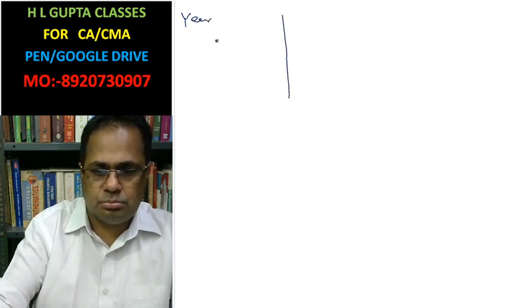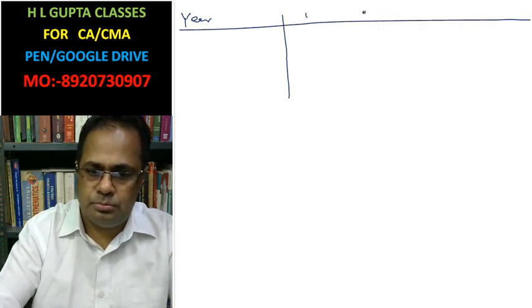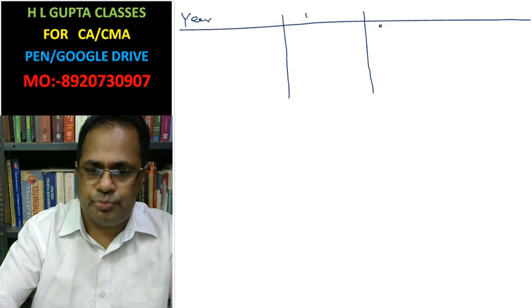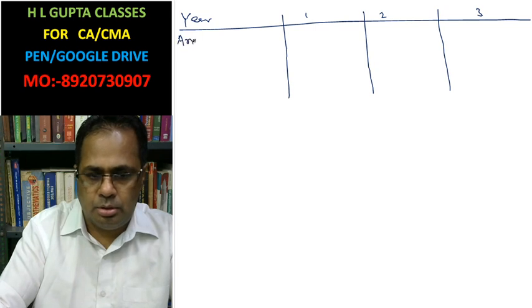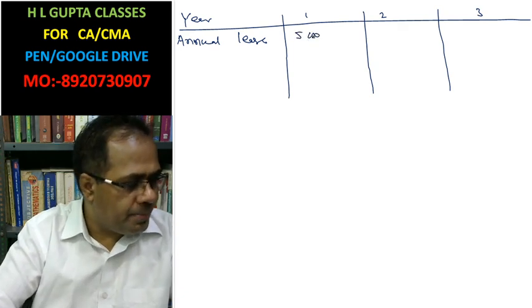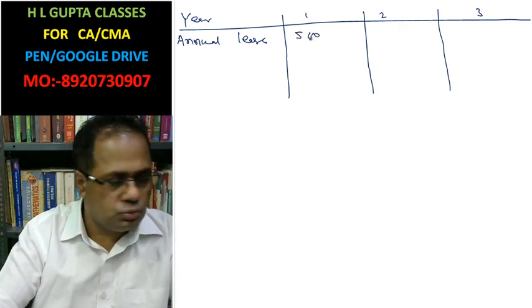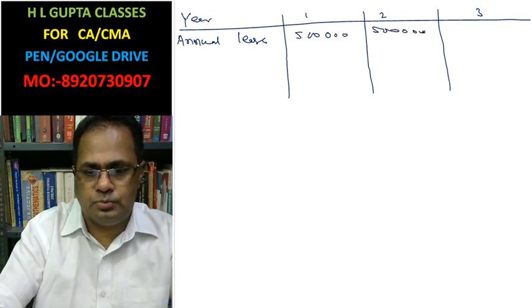Here year 1, 2, 3, annual lease 5 lakh, 5 lakh. This is your 5 lakh.